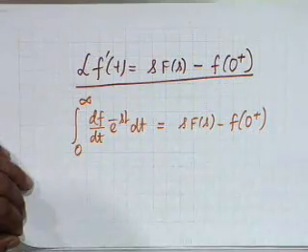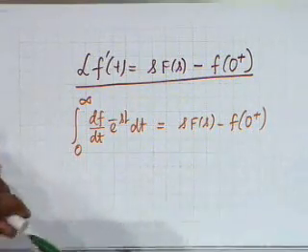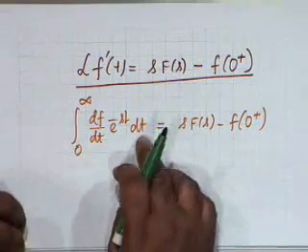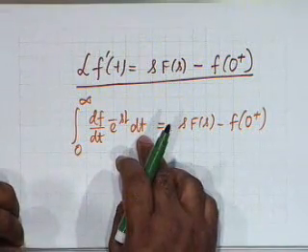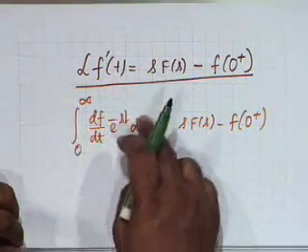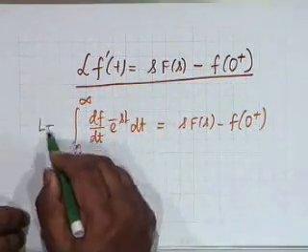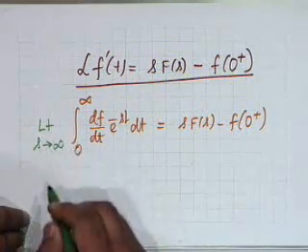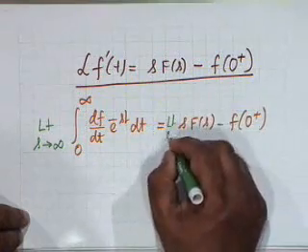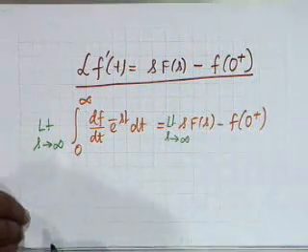In this relation, now if I allow s to go to infinity, can I do that? This integration is with respect to t, and therefore s is a constant as far as this integration is concerned. So let's say we allow s to go to infinity. Then in the right hand side also, in this term I must allow s to go to infinity.